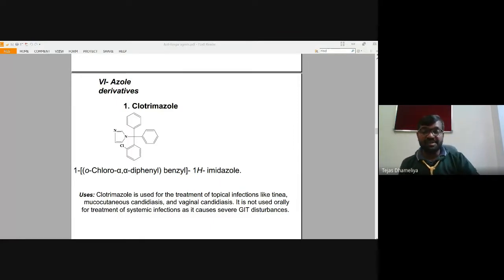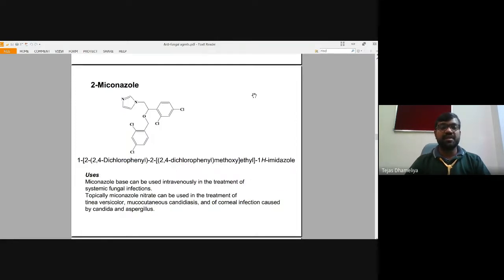Clotrimazole is the API, the active pharmaceutical ingredient, of Candid. It is used in several topical infections like tinea, mucocutaneous candidiasis, vaginal candidiasis, and some systemic infections where it can cause severe GI disturbance.